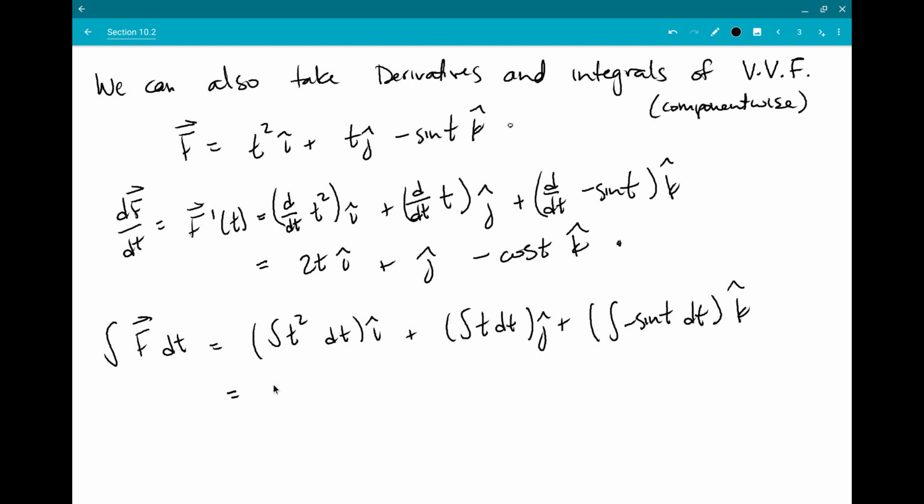And so that's going to be 1/3 t cubed i hat plus 1/2 t squared j hat. Integral of minus sine should just be positive cosine, plus cosine t k hat.